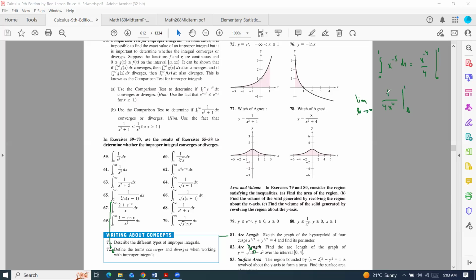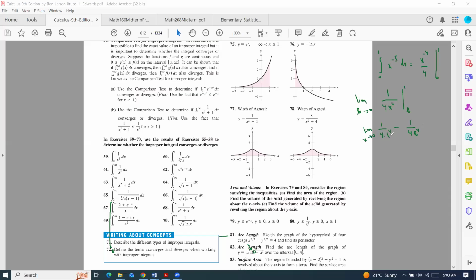So that way you overcome the issue with 1 over 0, because at the upper limit you're going to have 1/4 times 1 to the power of 4. It will disappear, and then the lower limit is going to be b to the power of 4. And b is a fixed number that you send to 0, right?